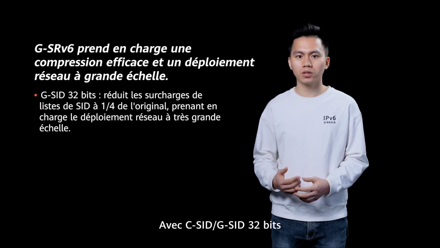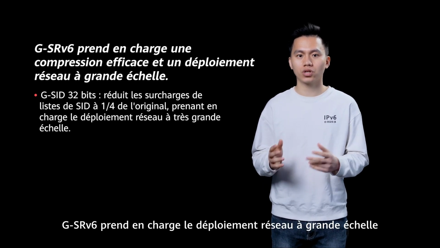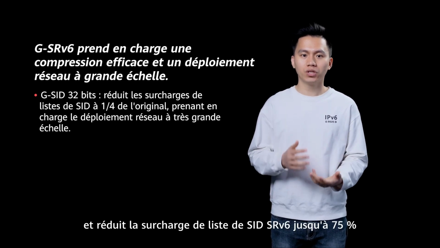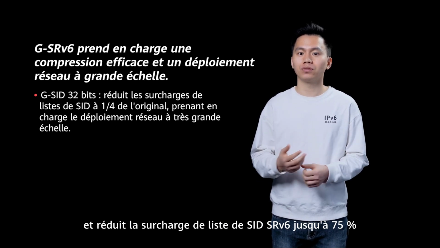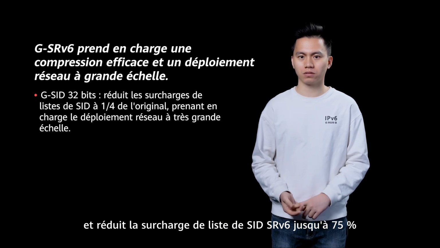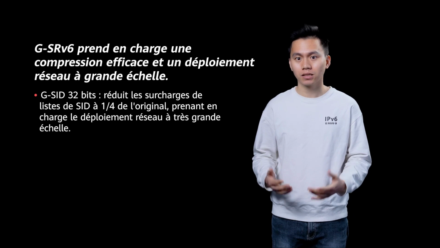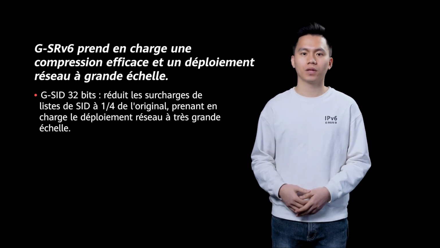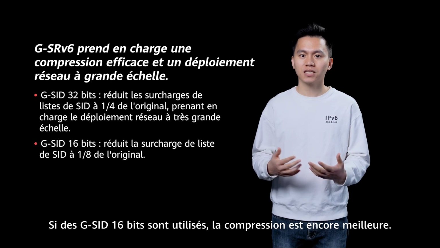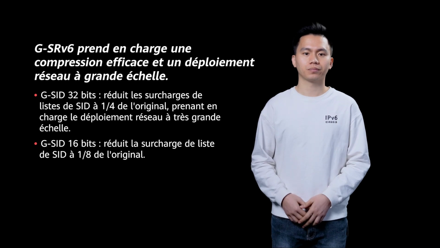Using 32-bit C-SIDs or G-SIDs, G-SRv6 supports large-scale network deployment and reduces SRv6 SID list overhead by up to 75%, which keeps the best balance of scalability, efficiency, compatibility, and flexibility. And if you are using 16-bit G-SIDs, then the compression can be better.